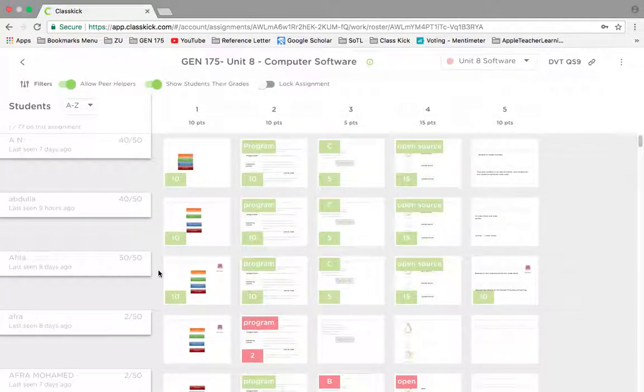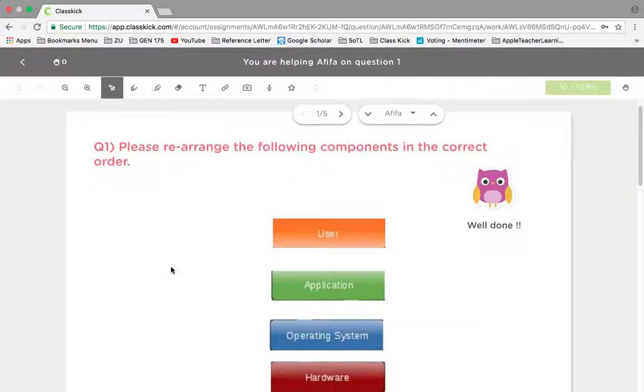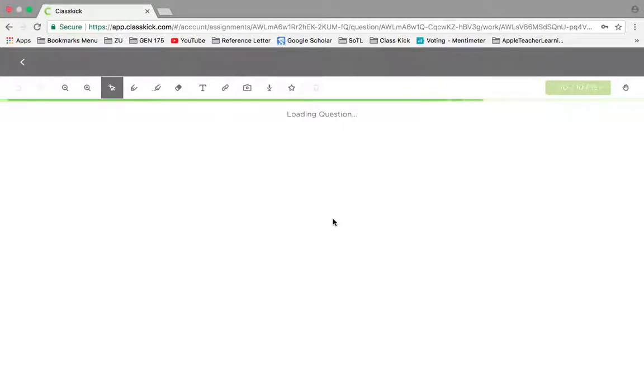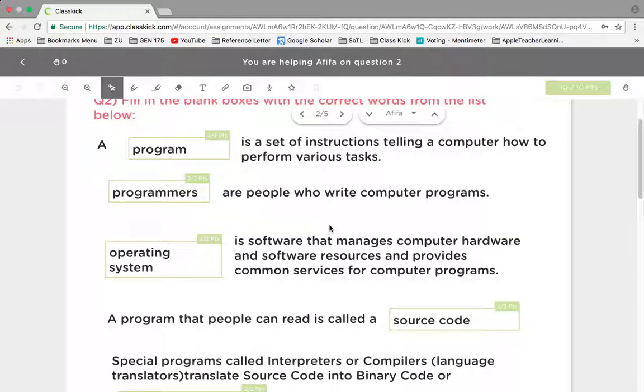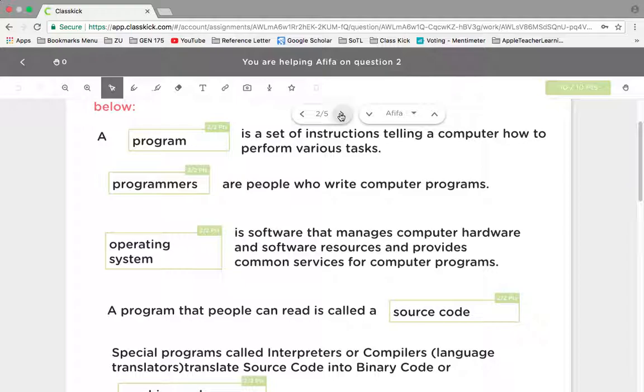Let me show you one of my students' work. She has done well, so I gave her a sticker. I think that was quite cute. She was able to write the correct answers, and it is also correcting simultaneously, so it's not a burden on you to sit and assess all of it.